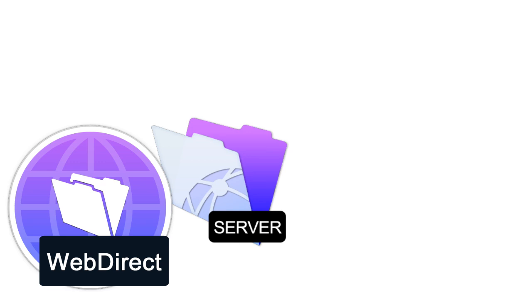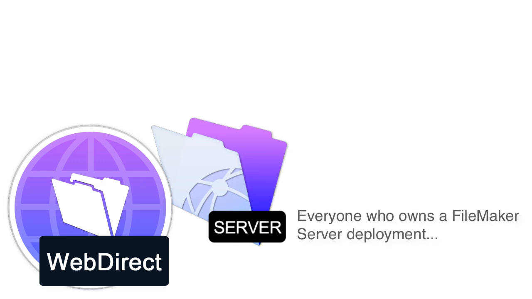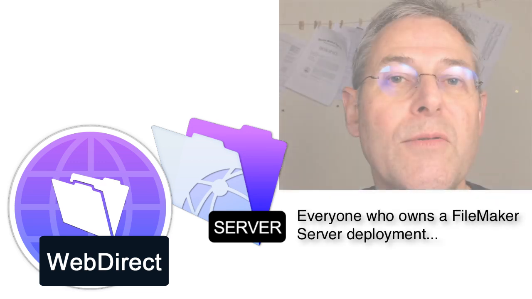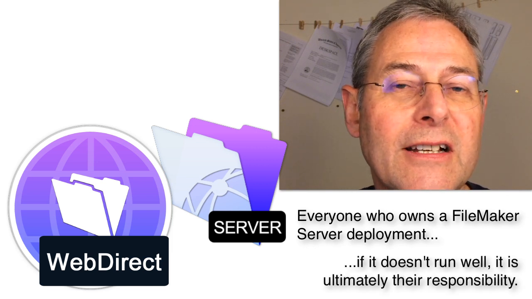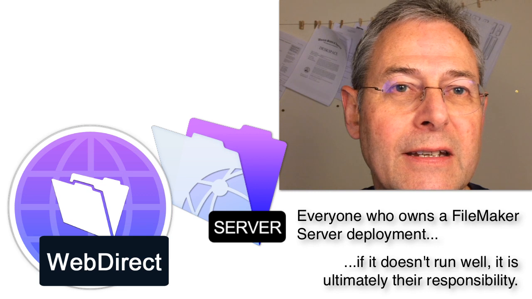Because the thing to remember, I think, is this, Richard, and I think it's a fair point, that everyone who owns a FileMaker server deployment, everyone who's in control of it, if it doesn't run well, it is ultimately their responsibility.